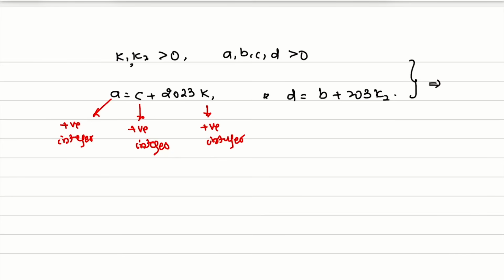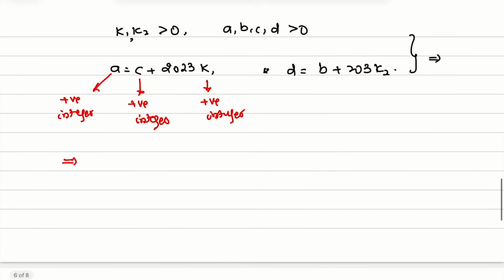Similar is the case with the other. These conditions give rise to possibilities that, here it is 2023, either C or B to be 1. That is the least possible minimum value.